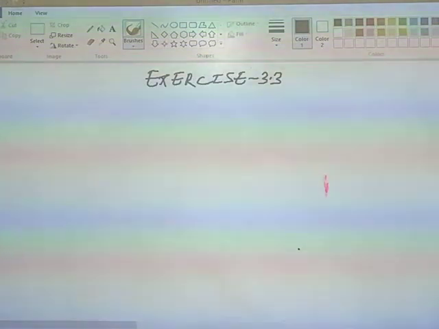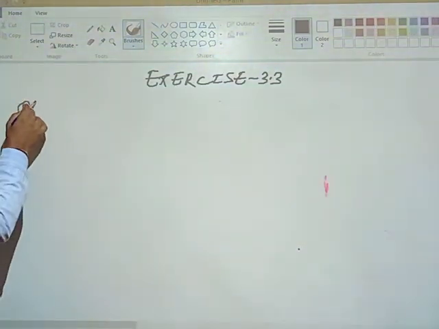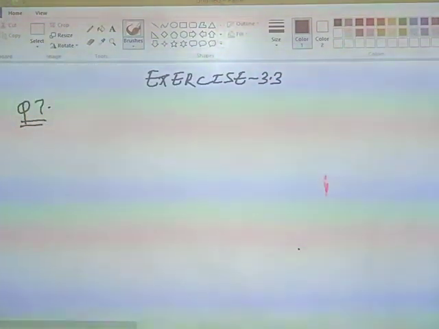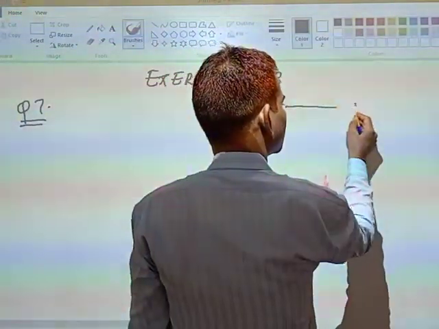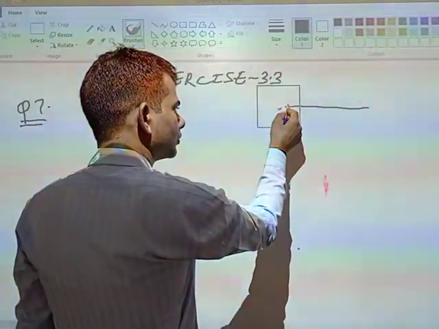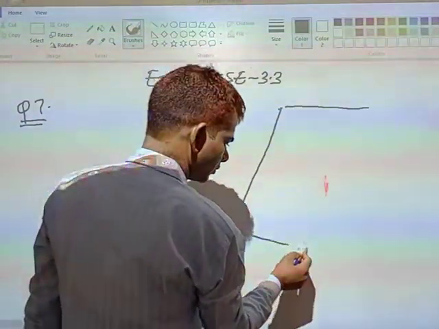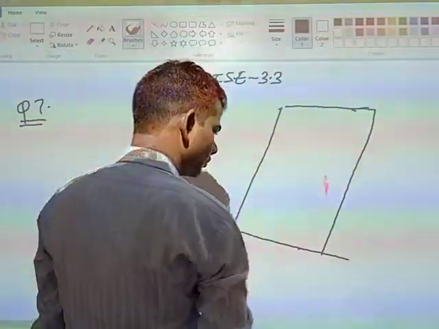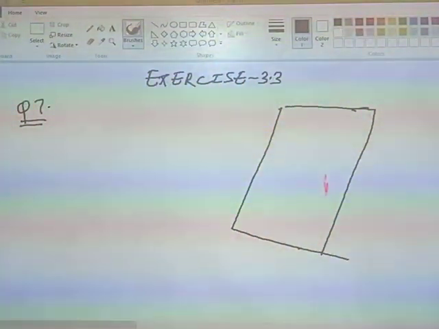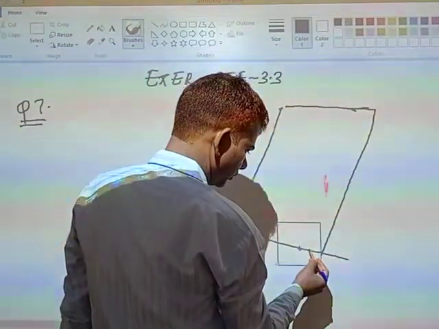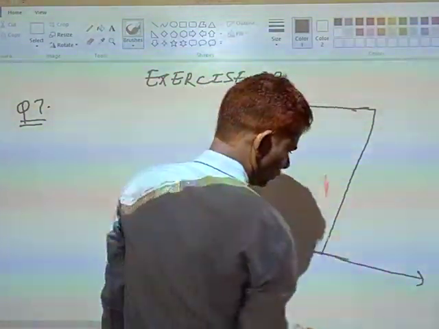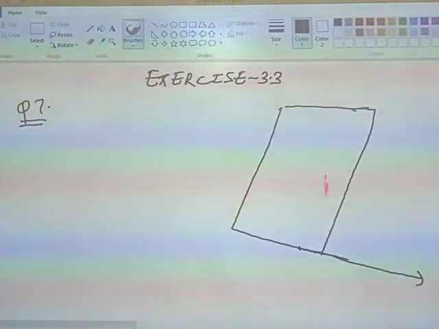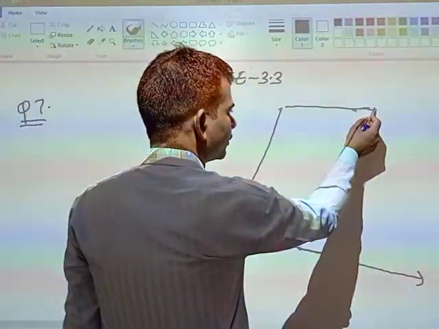Students, first of all, question number 7. First of all, we will draw the figure of parallelogram HOPE. Now students, these are your diagonals.